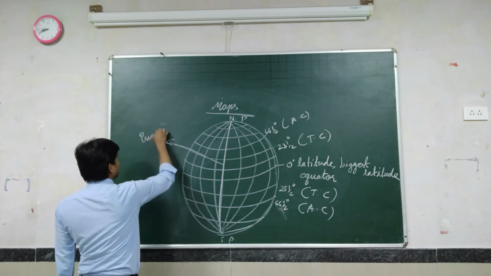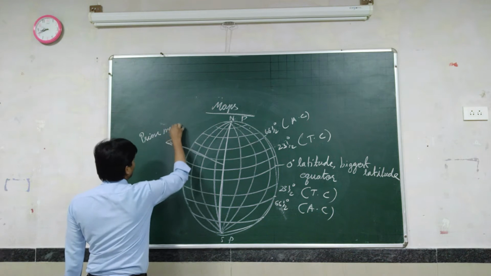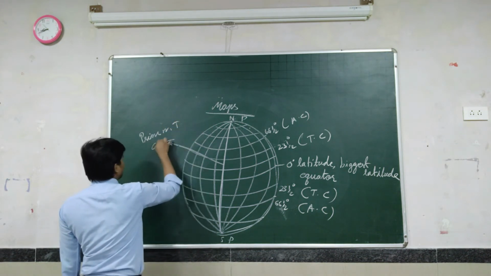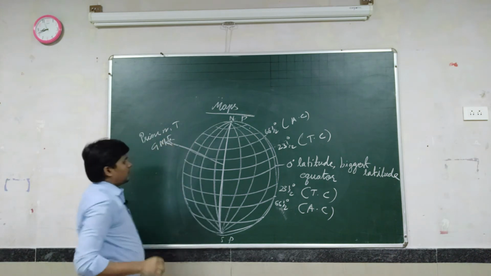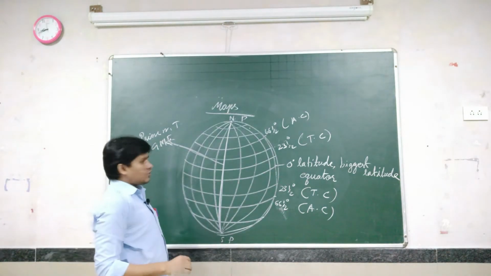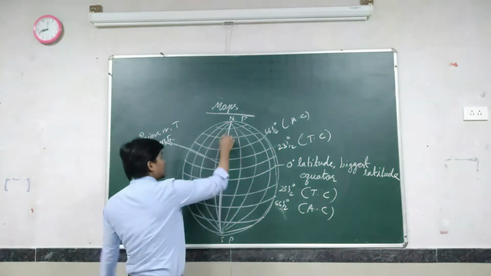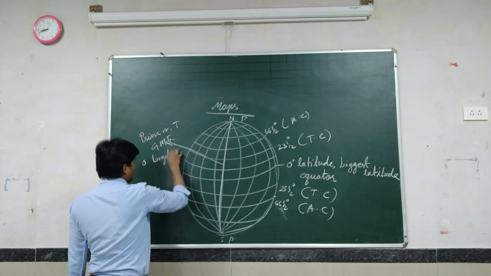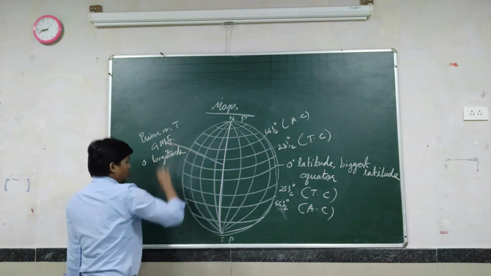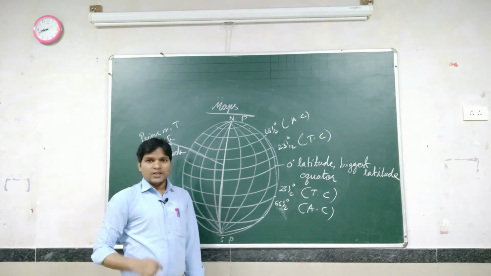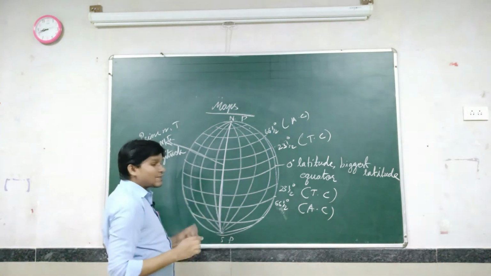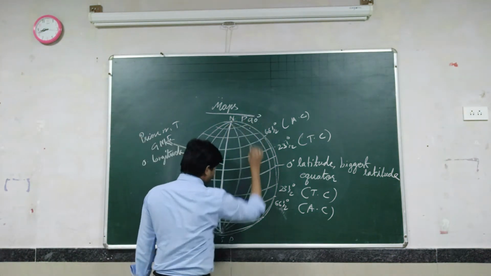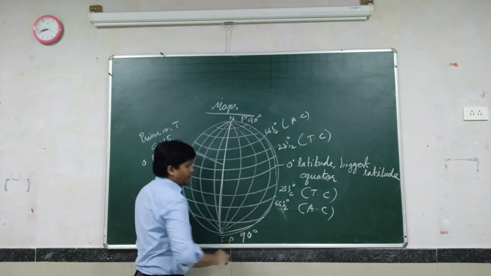Greenwich prime meridian, GMT, Greenwich meridian or prime meridian, or it is also known as 0 degree longitude. Keep all these things in your mind very carefully. The North Pole is 90 degrees, and the South Pole is also 90 degrees.